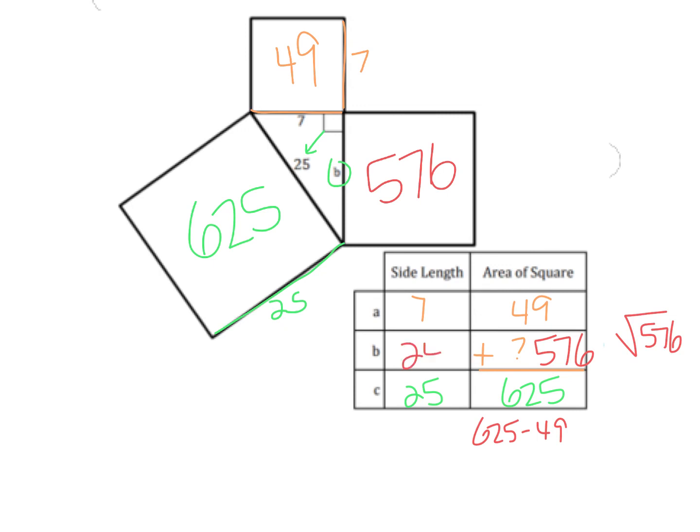It's not on my list because it's so big, but the side length is 24. If I stop and think about it, my hypotenuse is still my largest side, 25, because 24 is smaller than 25, and now I have that missing side length.